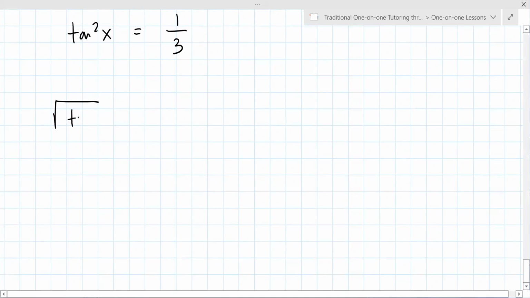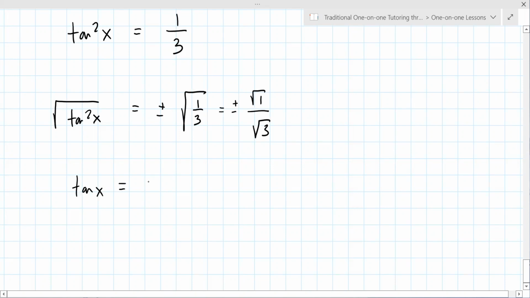Square root of tangent squared x equals plus or minus square root of 1/3. This one on the right, you have to work out. It's square root of 1 over square root of 3. So square root of 1 is 1, square root of 3 is √3.